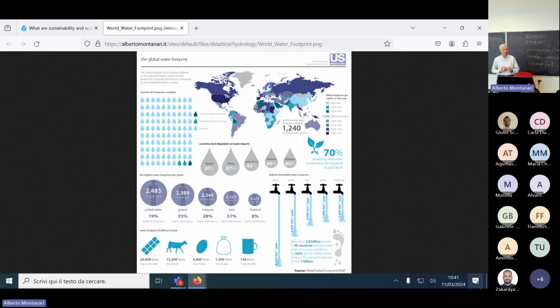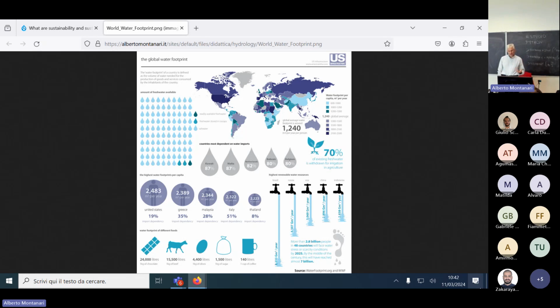You can clearly recognize countries that have a too low water footprint. It means that they are using too limited an amount of water. And this is, I think, an interesting picture.